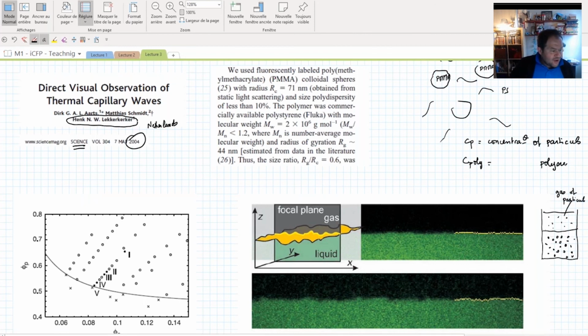So it's kind of a real liquid-gas, but it's not a gas made of atoms. It's a gas made of particles.